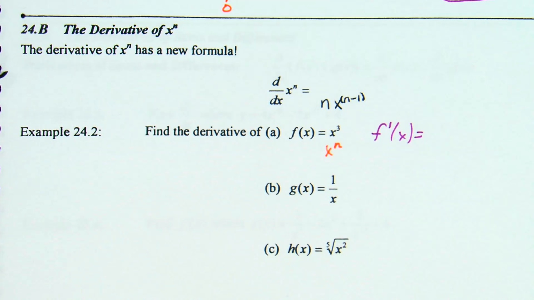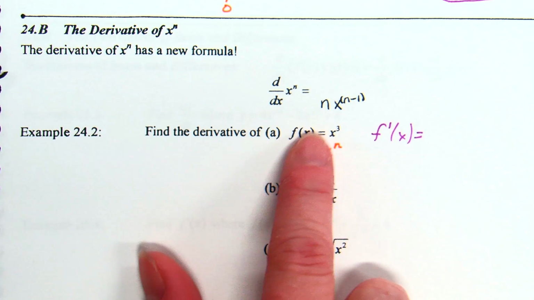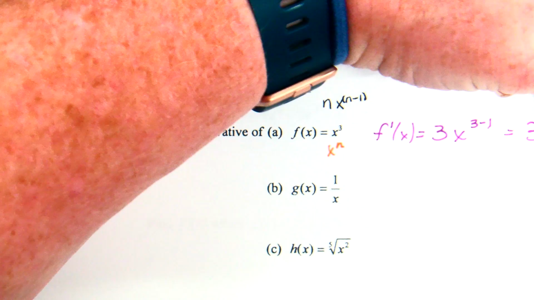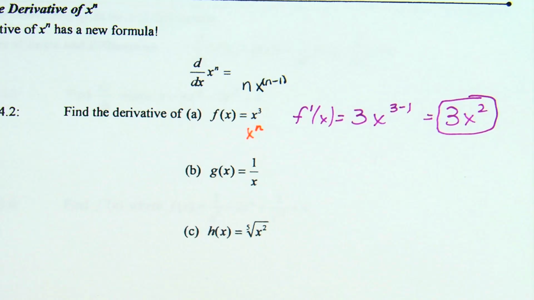So n times x to the n minus 1. So we're going to bring the 3 out front. 3, x to the 3 minus 1. I know, long way. Which is 3x to the second. That's how you do the derivative of a power.